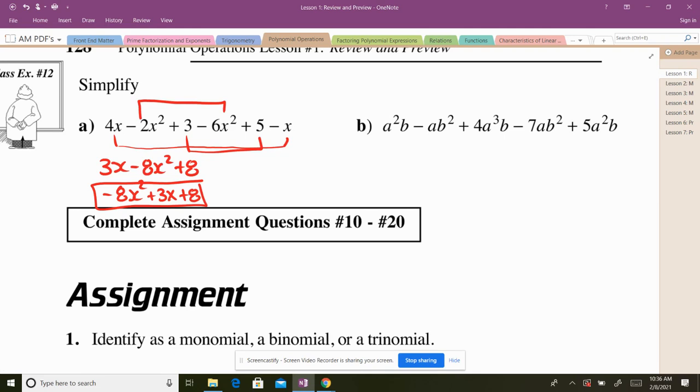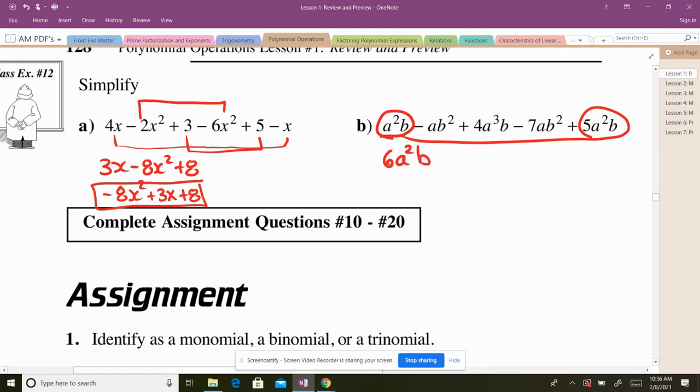All right, B. Look for like terms. Has to be the same variables and the same exponents. So we'll start with this one. A squared B. Is there another A squared B in here? Yeah, the one right at the end. So if I combine those, what do I get? 6A squared B. The variables don't change, only the coefficients.